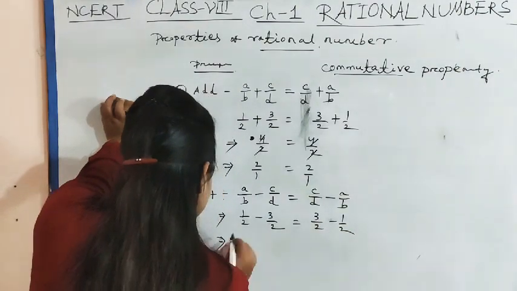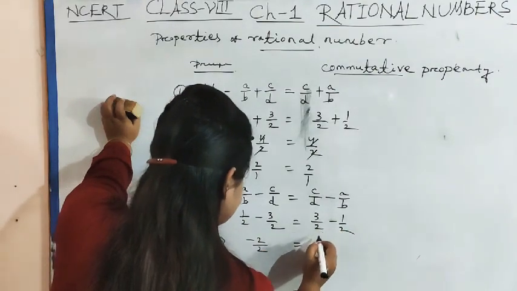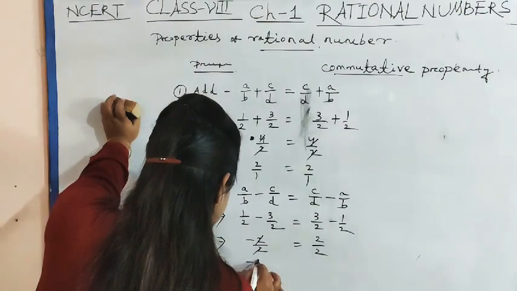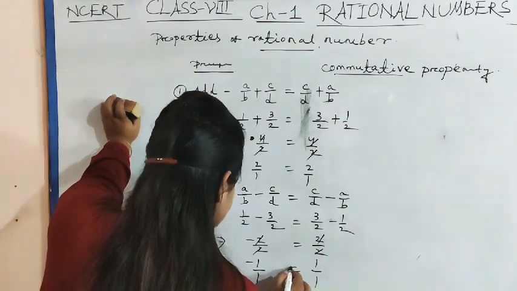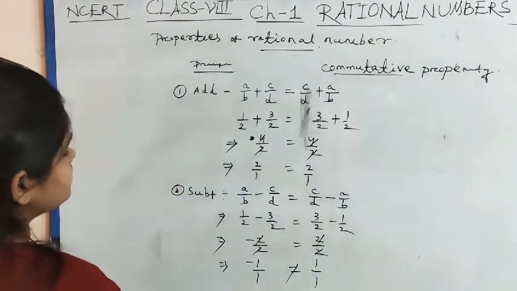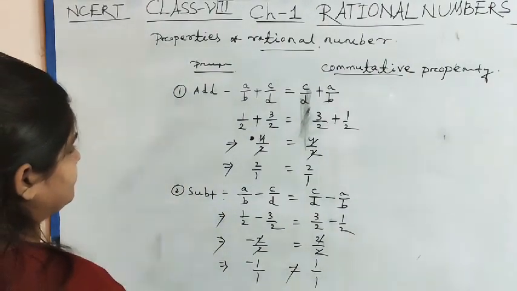Okay. So here, 1 minus 3, minus 2 by 2. Then here 3 minus 1, 2 by 2. Here the answer is minus 1 by 1. Here the answer is 1 by 1. Okay. Both are not equal. This is negative. This is positive. So subtraction is not under the commutative property.